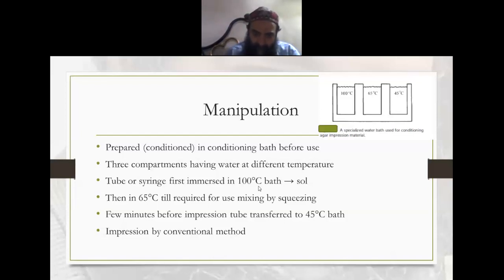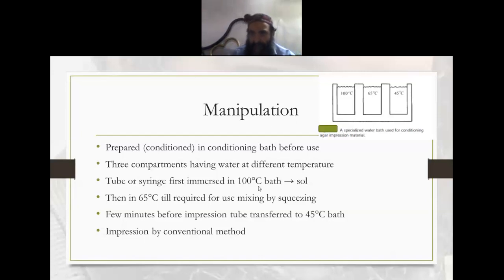We cannot squeeze the syringe, but we manipulate somewhat, if it allows, to move the molecules in a way that all the material has the same consistency. Then a few minutes before impression, the tube will be transferred to a 45 degree centigrade bath. Why? Because now we are going to take the impression of the mouth.